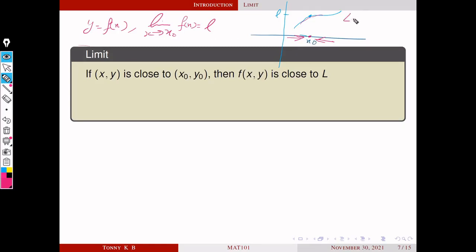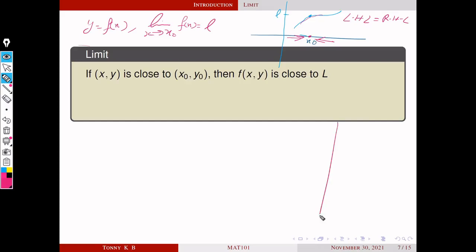If the left hand limit is equal to the right hand limit, then we say that the limit exists, and it should be finite. That is the case for a one variable function.